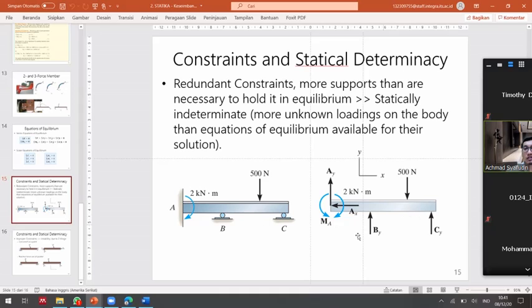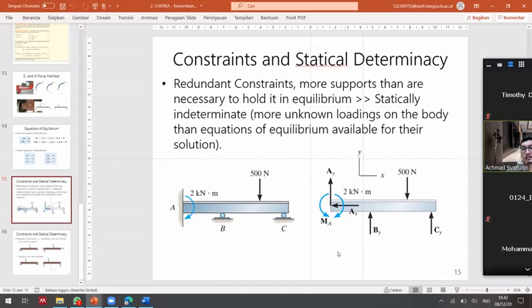So if you draw the free body diagram, you can see so many reactions, with only two types of loading: transversal load and bending moment.